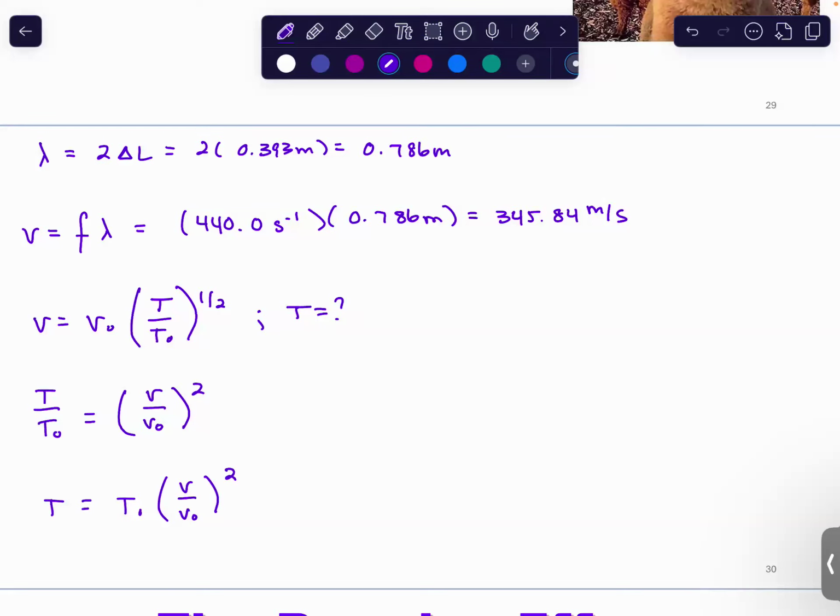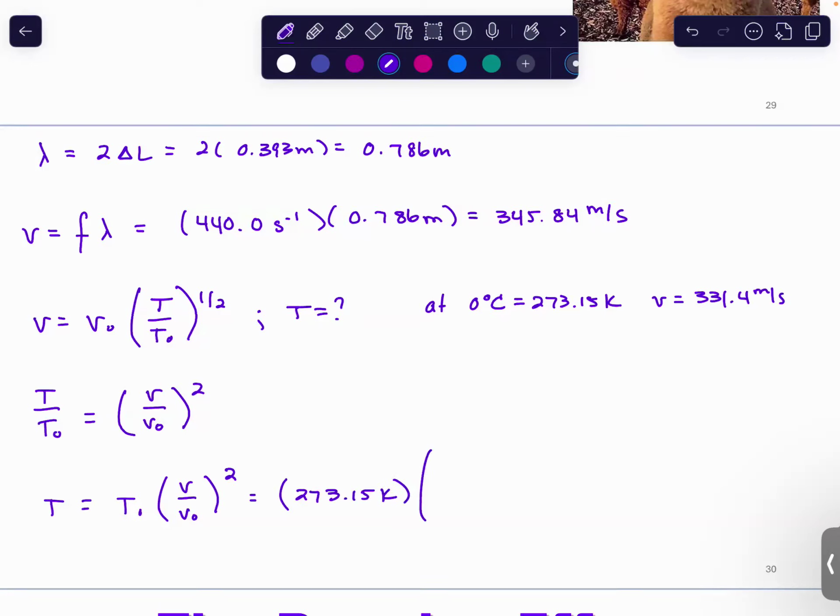And then we remember from our references, we have a reference speed at 0 Celsius. So this means that our T0 is our reference.